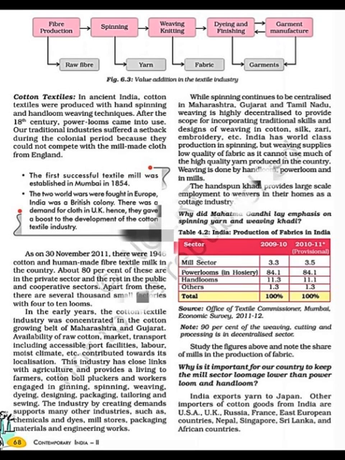If you remember, when we were a colony of Britain, we used to send raw material, our raw cotton, to Britain, and the Britishers used to make mill cloth from that raw material and send the finished good, the mill-based cloth, into our country.